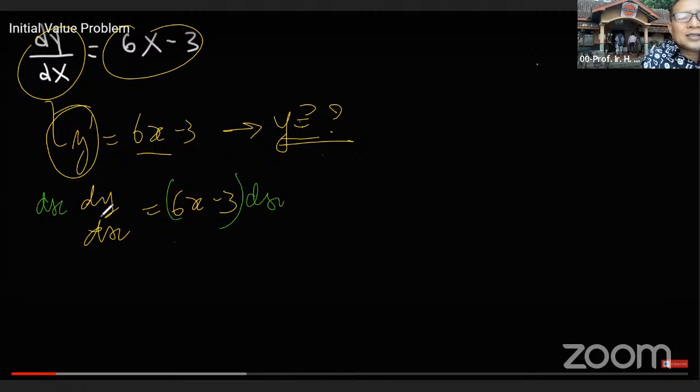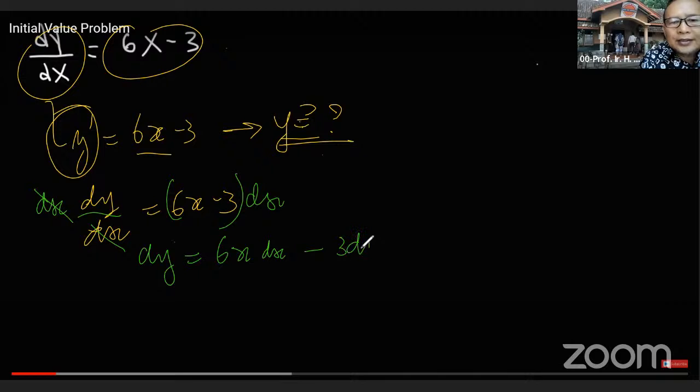Anything that dx is not 0, so you can multiply this equation for the first equation, and then apply this one, so that you can cancel out this one. So dy equals 6x dx minus 3 dx, and then you integrate all this.